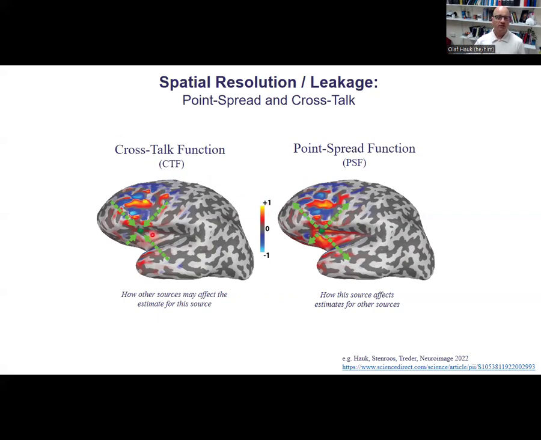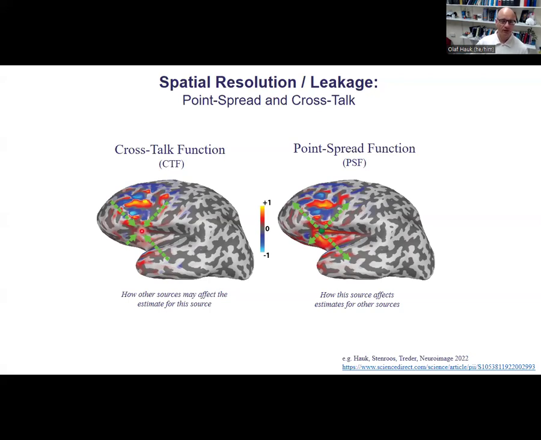But you can also ask, for example, when you want to do connectivity analysis, you want to extract the time course for this region. So you don't care about the others. You want the time course for this region. And spatial resolution is limited. So how much do other regions then leak into the time course for this particular vertex? I don't have millimeter by millimeter spatial resolution.